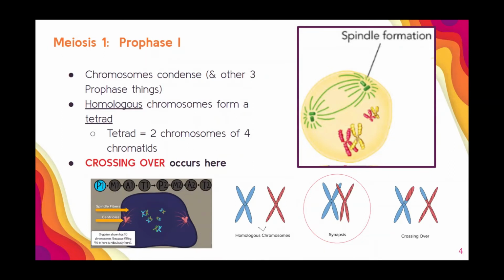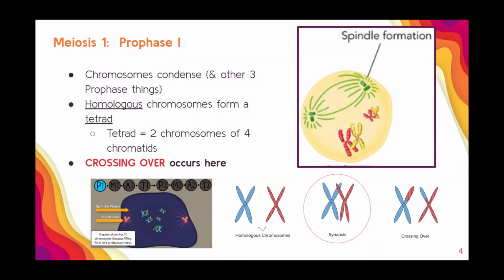Then we have homologous chromosomes form a tetrad. Homologous means same. The same chromosomes come together to form a tetrad, or 2 chromosomes making 4 chromatids together. You'll notice that they pair up in our pictures. And this part is the very first part of genetic variation that occurs. Remember, in mitosis, we were making identical cells.